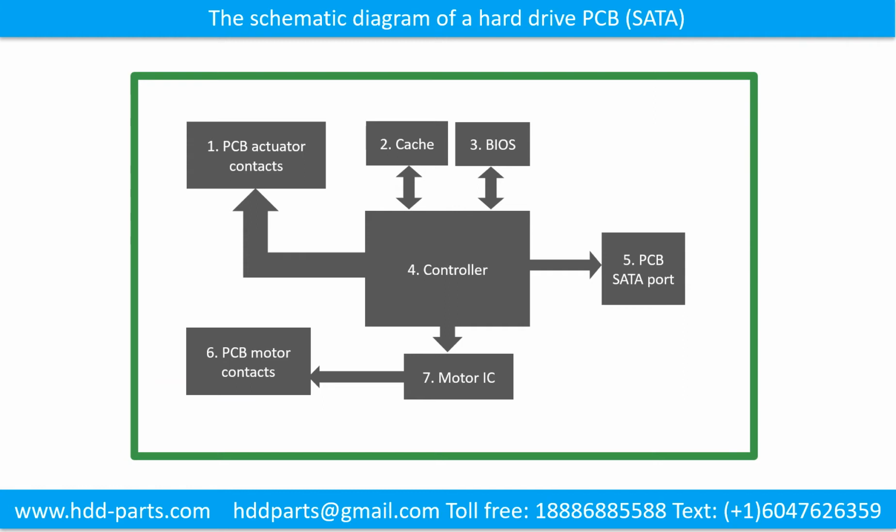The schematic diagram of a hard drive printed circuit board. We use a SATA hard drive as an example. This picture shows the schematic diagram of a hard drive and the basic components of the hard drive.